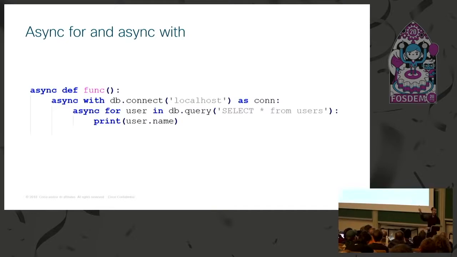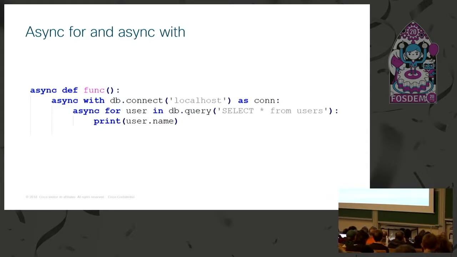Async with is what you do if any of these two blocks, the enter or the release, involve async code. And in this case, that's the case. Establishing a connection has to be asynchronous because it takes some time to establish the connection, and you need an async with in order to do that.